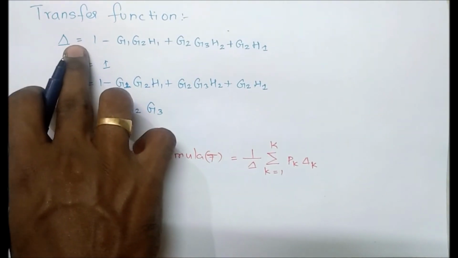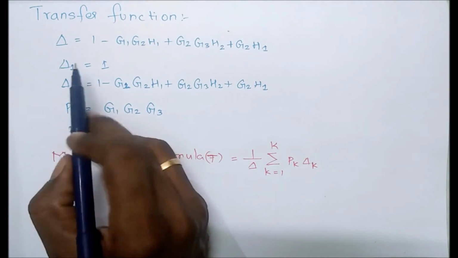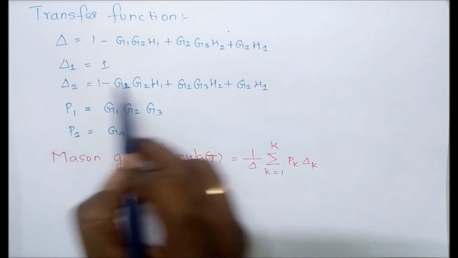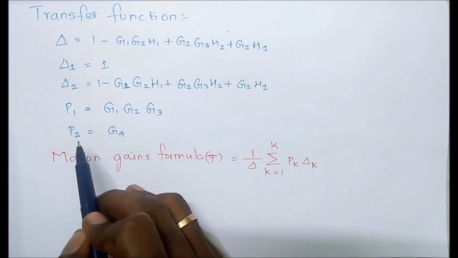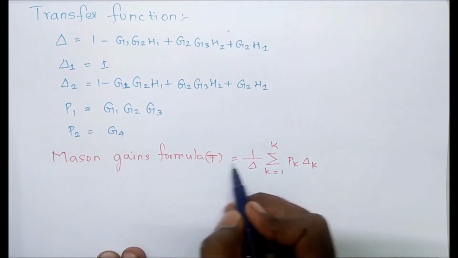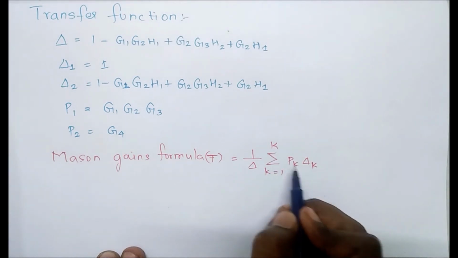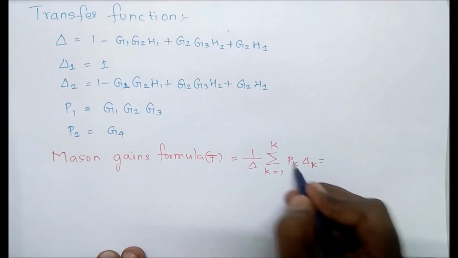So next, the transfer function. We calculated the del value. This is the del value. Next we calculated del 1 value, del 2 value, P1 value, P2 value. According to Mason's gain formula, transfer function T equal to 1 by del, sum of K equal to 1 to K, Pk del K. Here there are two forward paths.